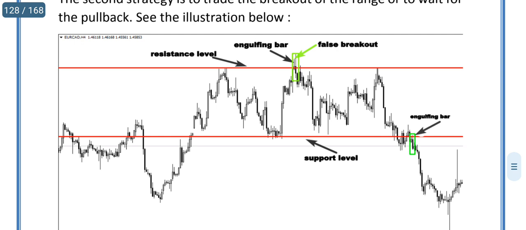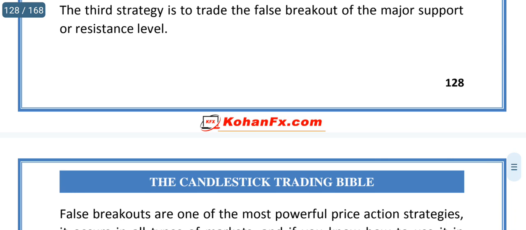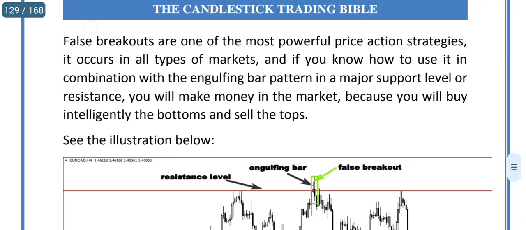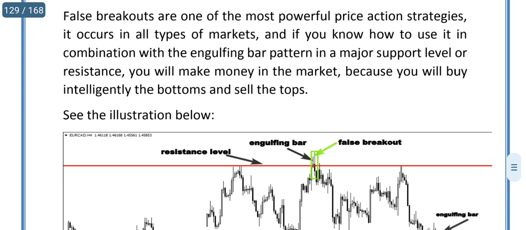The third strategy that we can use to trade the engulfing bar confirmation in the sideways market is to trade the false breakout from the major support or resistance level. False breakouts are one of the most powerful price action strategies, and they occur in all types of markets.